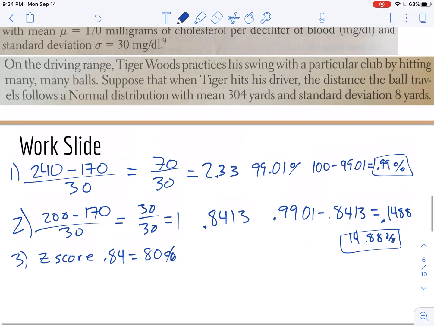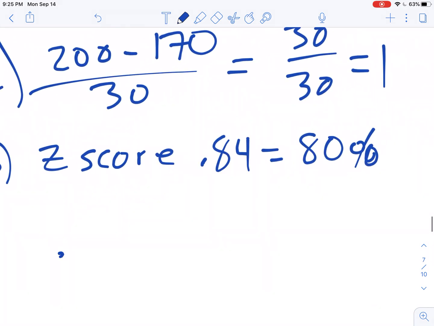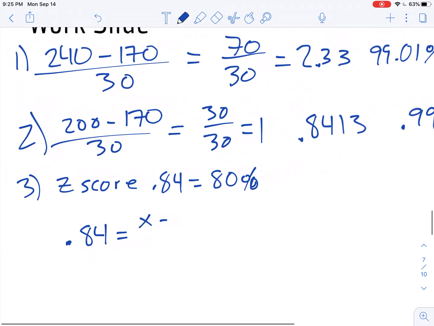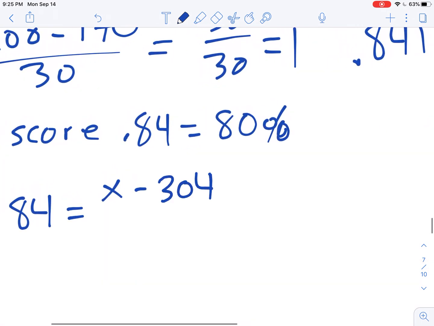So then I go through and I see up here with Tiger Woods that he has a mean of 304 and a standard deviation of 8 yards. So to get a z-score of 0.84, he has some drive length x minus that mean of 304 yards, divided by his standard deviation of 8 yards.